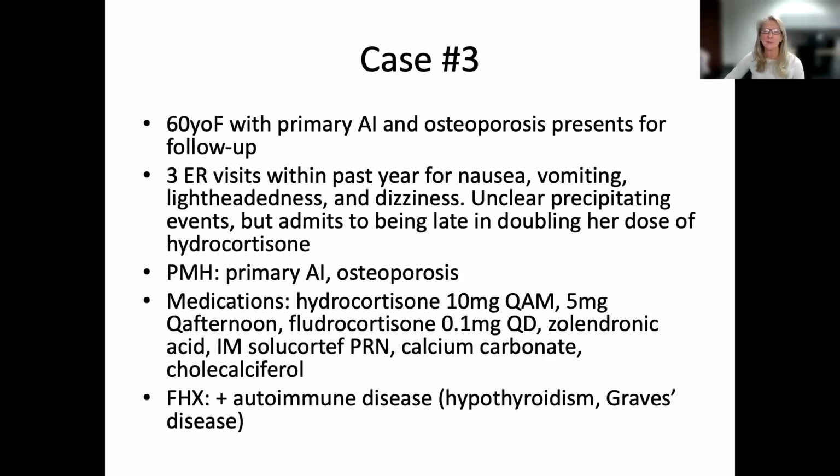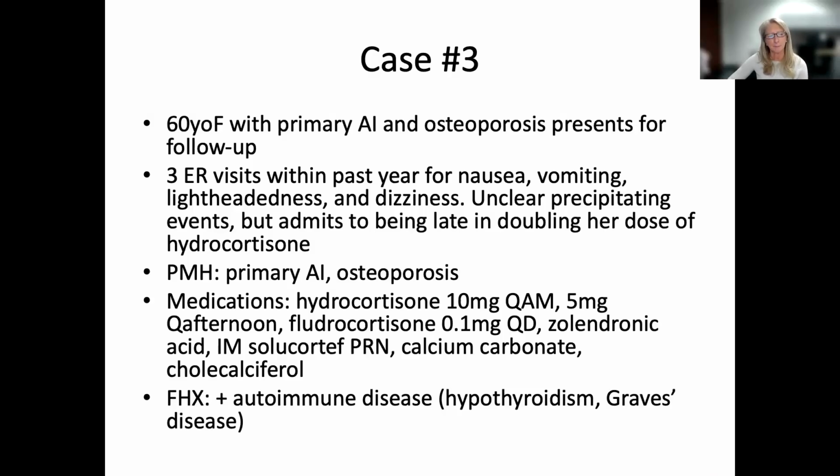So I'm going to start with case number 3, who is a 60-year-old female with primary adrenal insufficiency and osteoporosis who presents for follow-up. Over the past year, she's been to the ER 3 times for nausea, vomiting, lightheadedness, and dizziness. It's unclear what the precipitating events were, but she admits to being late on doubling her dose of hydrocortisone.